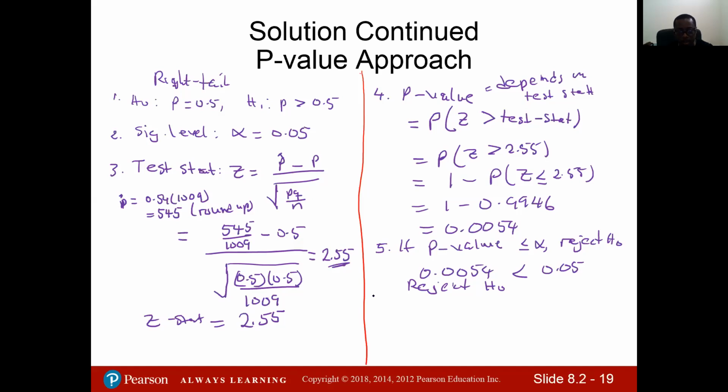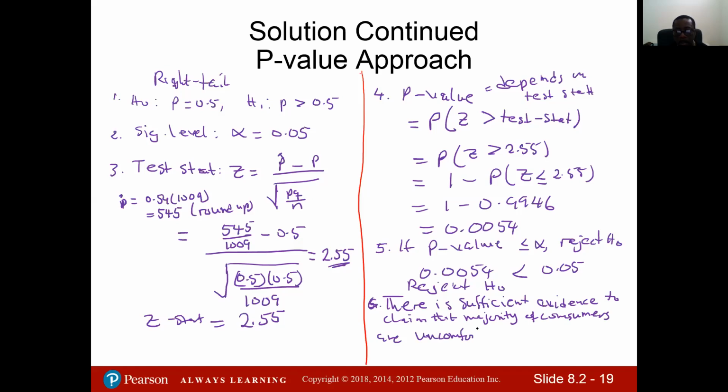And so what is our conclusion? That is step 6. The conclusion is that there is sufficient evidence to claim that the majority of consumers are uncomfortable with drone deliveries.